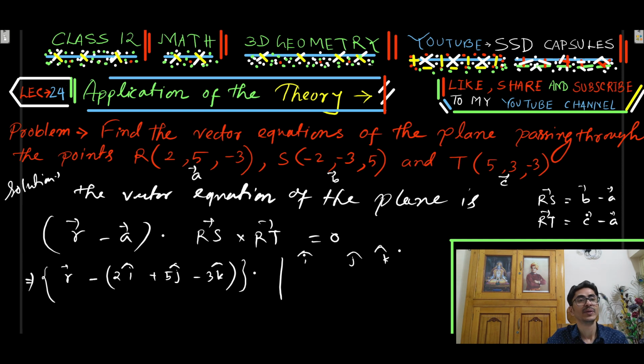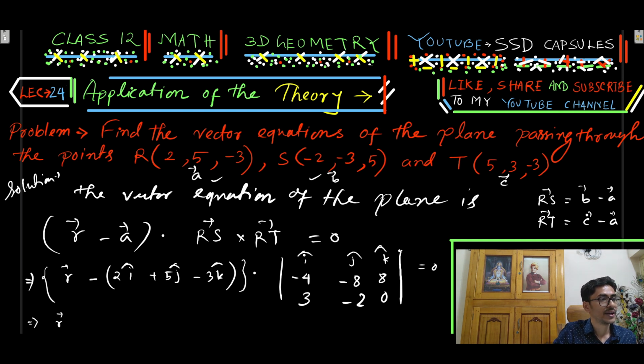So rs vector, b minus a: minus 2, minus 4, minus 3, minus 5, minus 8, and 5 minus of minus 3 means plus 3, so 8. Again c vector minus a vector: 5 minus 2 means 3, 3 minus 5 means minus 2, and minus 3 minus of minus 3 equal to 0.